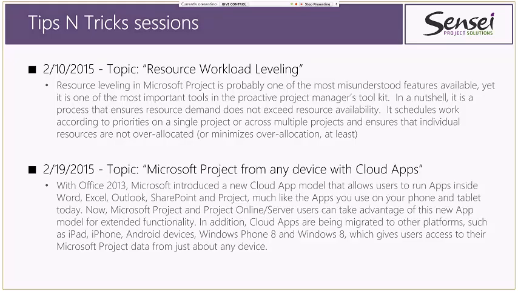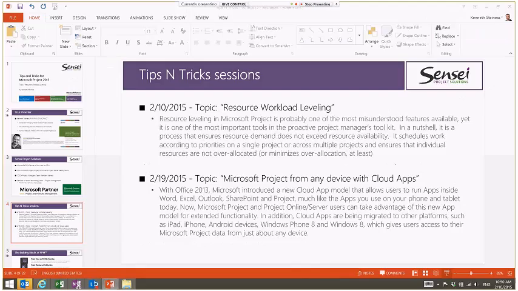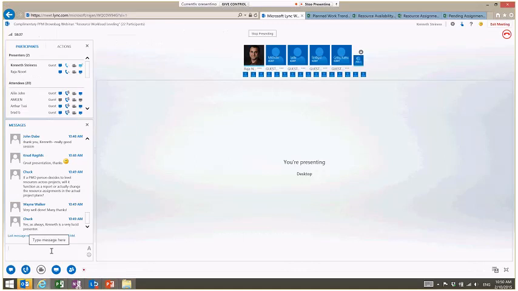Let me see if there are any questions. Hang on a second. Oh, Kenneth, there's another question from Chuck. Do you want to read that, or would you like me to read that to you? Let's see here. Chuck, if a PMO person decides to level resources across projects, will it function as a report or actually change the resource assignments? It will.